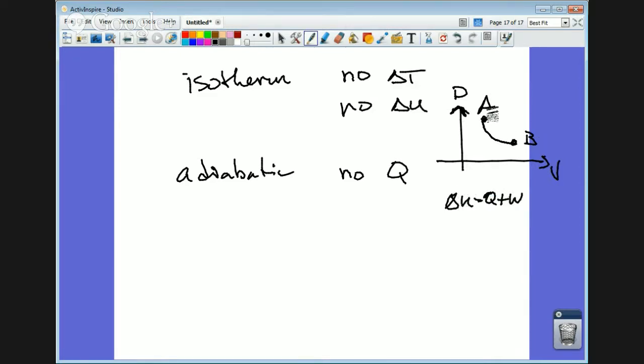Right? But if instead I go like this, constant pressure, constant volume, from there to there, there's different Q's and different W's, right? The work that's done from A to B is going to be the area under the straight line here, from left to right.